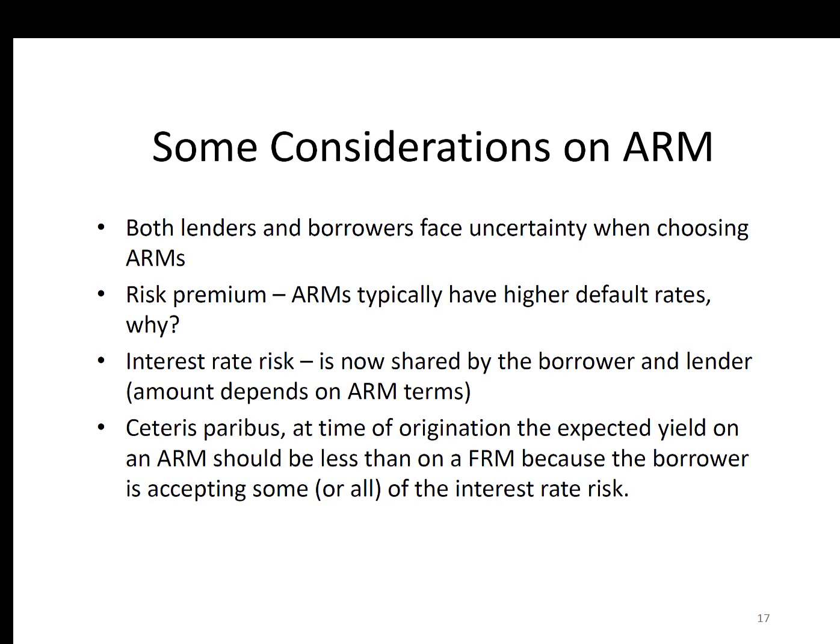Expected yield means the expected return the lender calculated, because for an adjustable rate mortgage, the borrower is accepting some or all of the interest rate risk. So the lender shares a smaller proportion of interest rate risk. That's why it is a lower risk, a lower return.